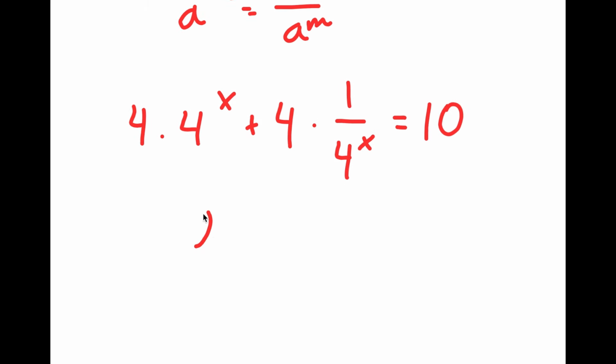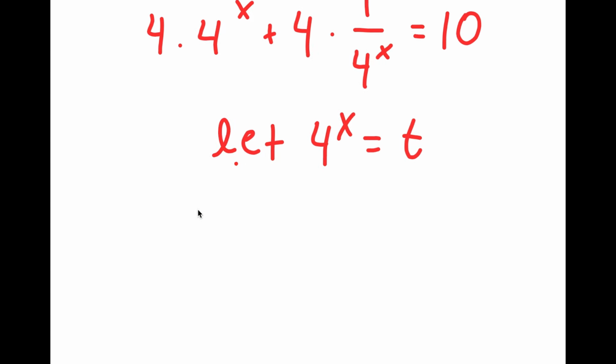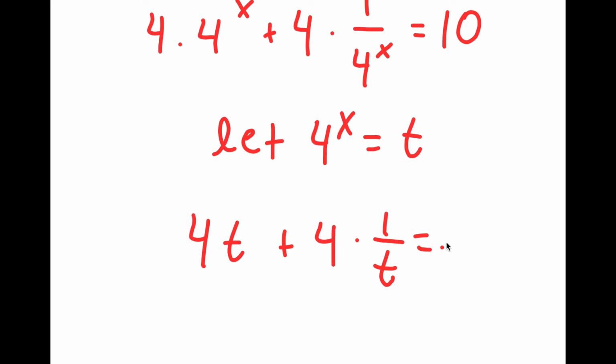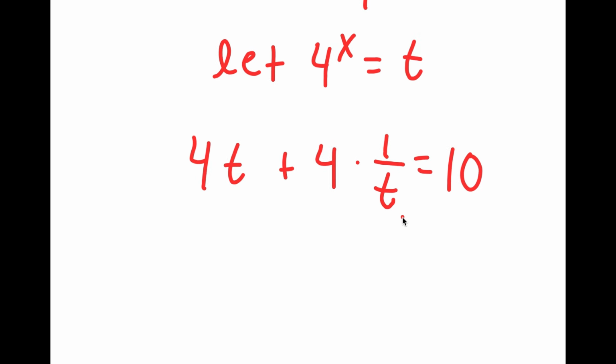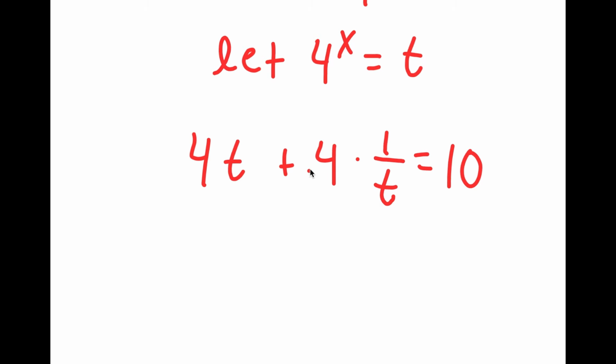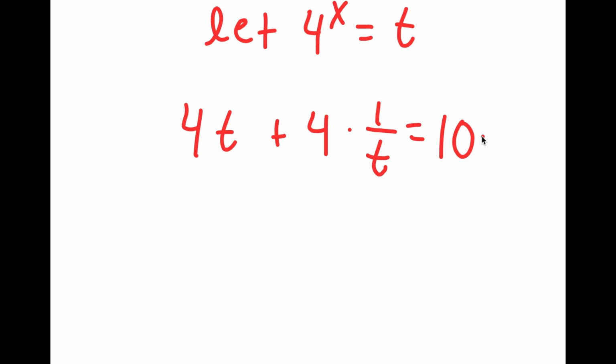And now I'm going to let 4 to the power of x equal to the variable t. So if I substitute t into my equation, I get 4t plus 4 times 1 over t is equal to 10. Now I'm going to multiply both sides by t.